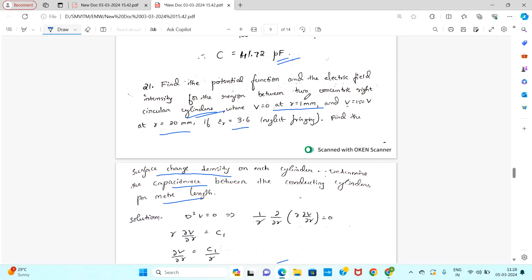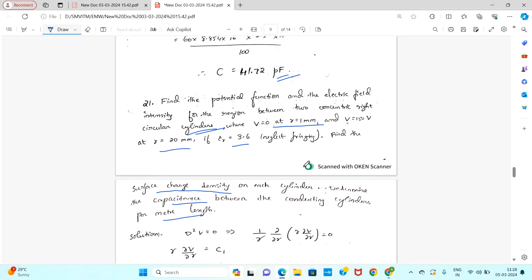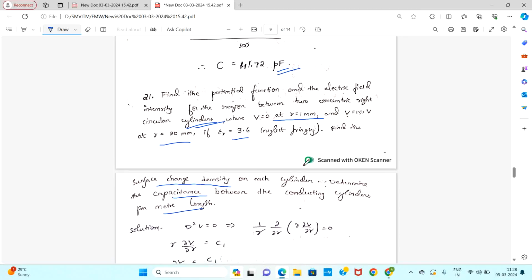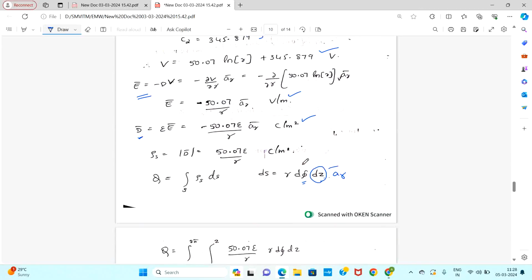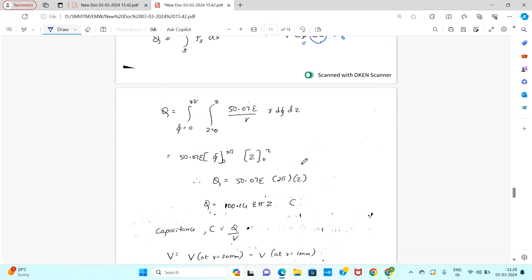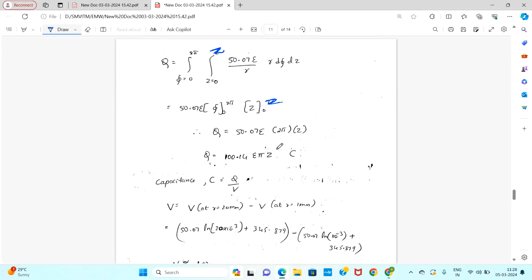Even though the cylinder is given at one particular point, the range is considered as 0 to 2. Sorry, this is not 2, sorry, this is z, because we don't know the length of the cylinder, right? It's given as z here. So 0 to z, not 2, it's z. Just keep the z value, the length, as it is, because we don't know what the length of the cylinder is.